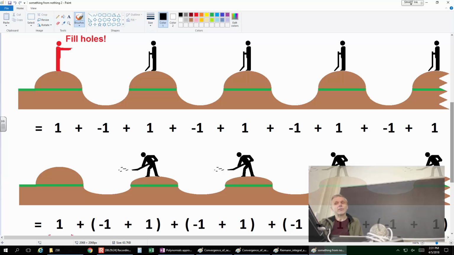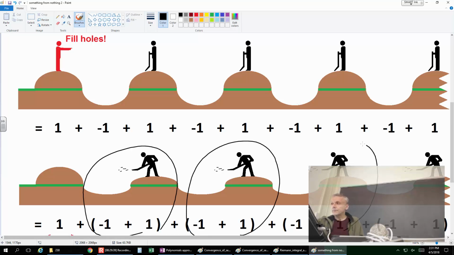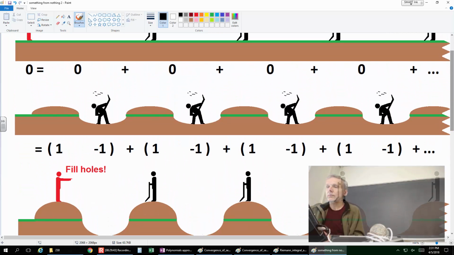Instead of digging the hole and then putting a pile to the left of it, he is now to the right, and using that pile to fill this hole. Okay, so that's what I'm talking about. So the starting point was this, like this.